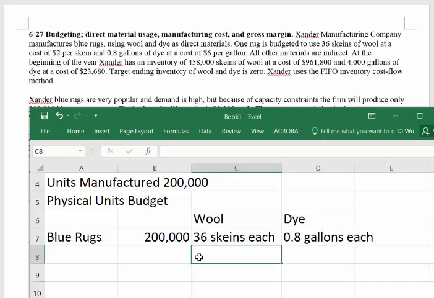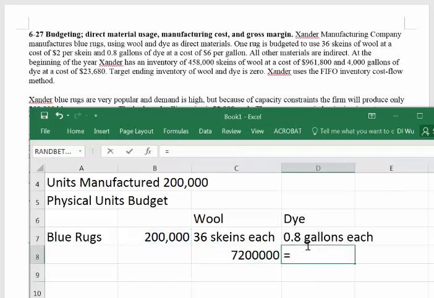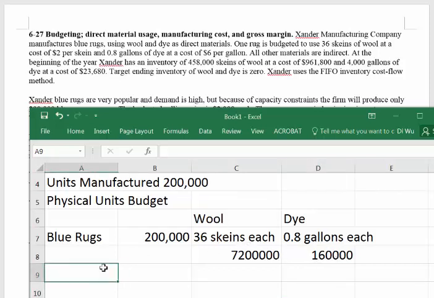From there, we can find the physical units budget: we multiply 36 by 200,000, and we multiply 0.8 by 200,000. So you get 7,200,000 skeins of wool and 166,000 gallons of dye. All right, so you finished the first part.